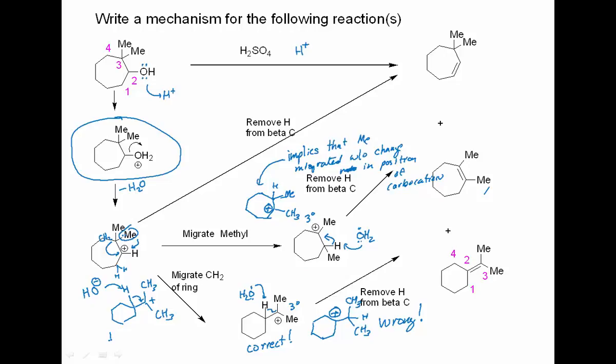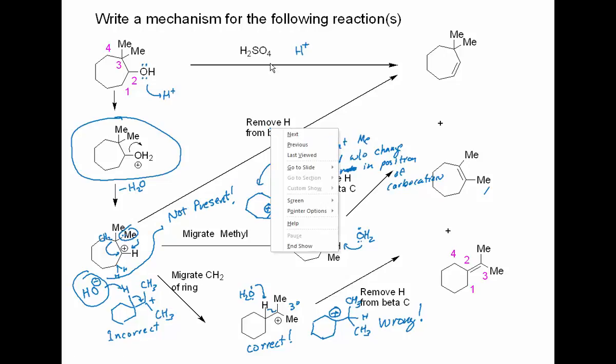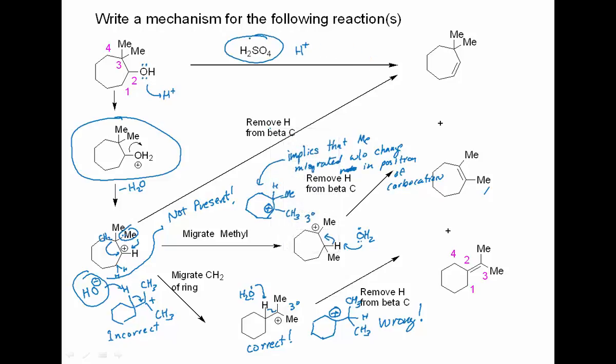And this is also incorrect. Simply because this is not present. Look at these conditions up here. The idea that you could generate OH minus with that stuff present just doesn't make any sense.